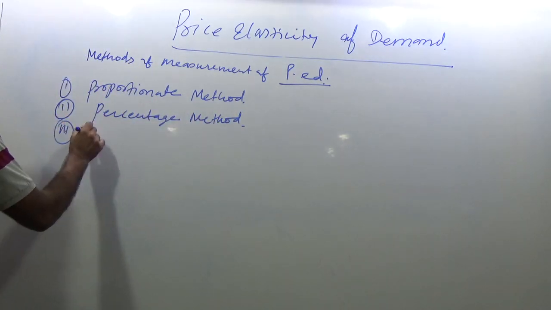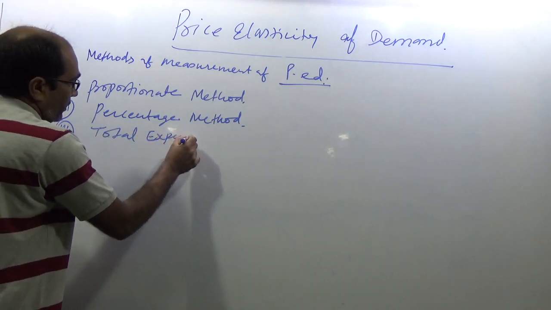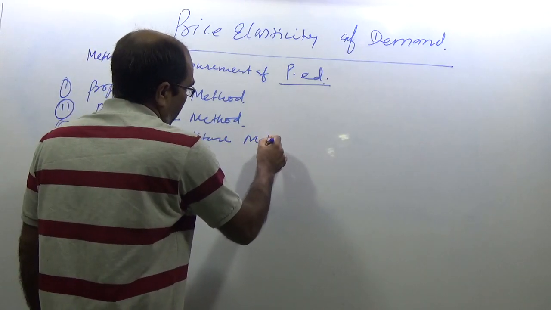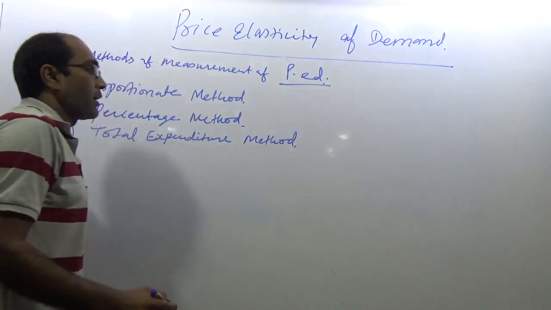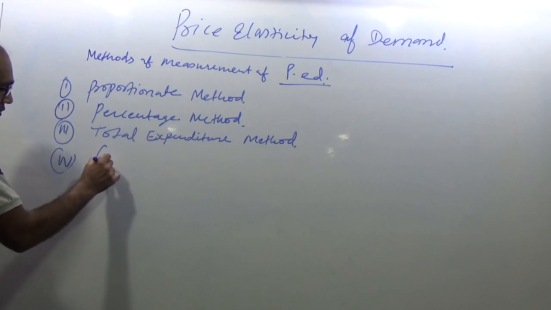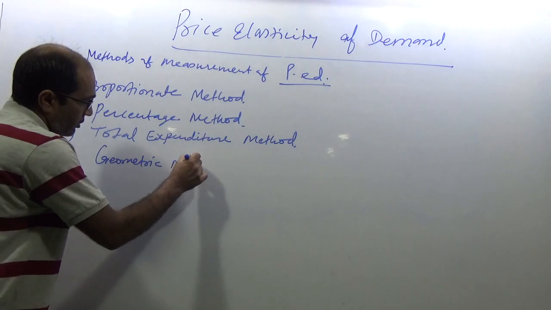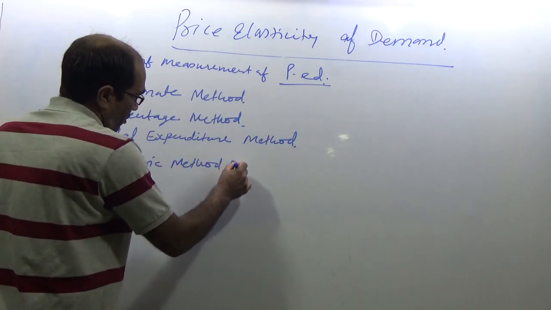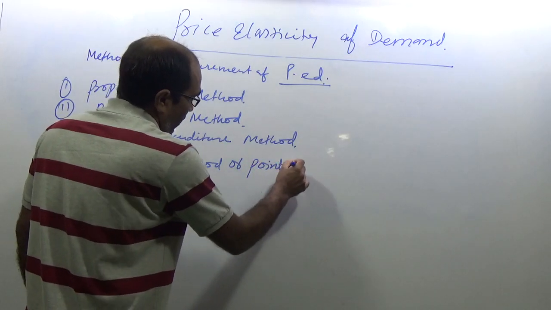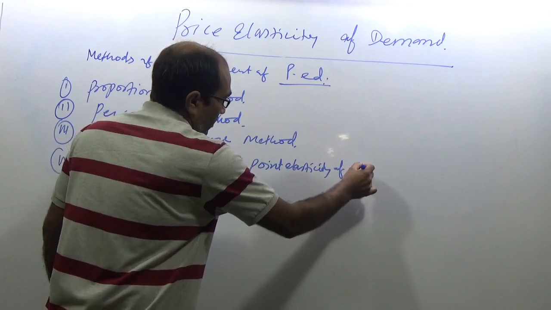Third is total expenditure method. And fourth is geometric method or point elasticity of demand.